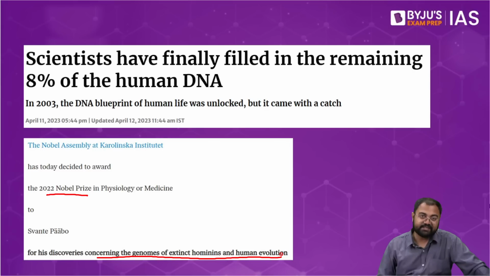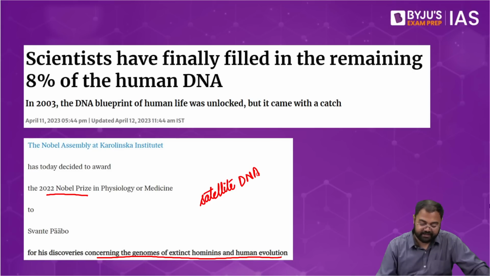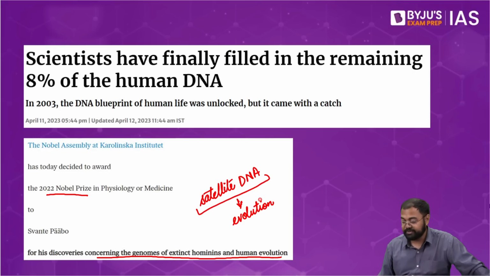In this case, they had talked about something called satellite DNA, and this satellite DNA is related to evolution. Satellite DNA is related to evolutionary relationships between species. So that is the reason why something like this would have been asked.